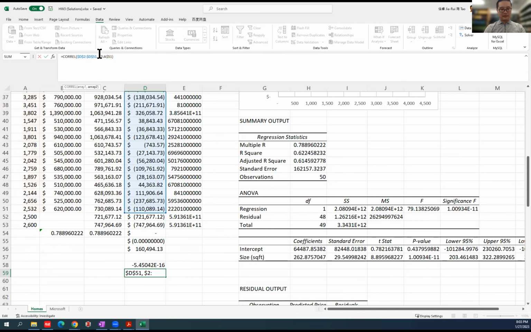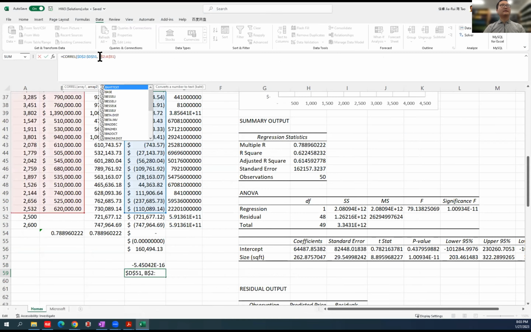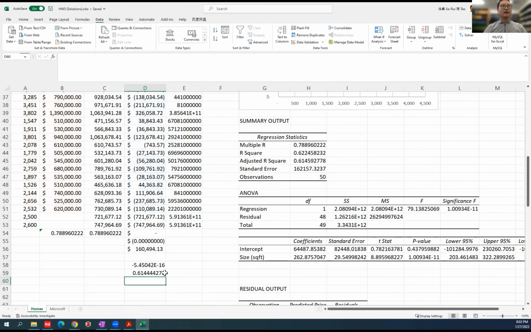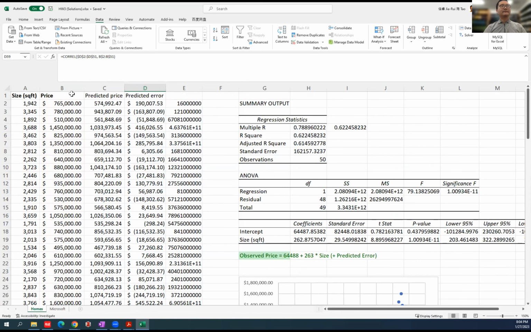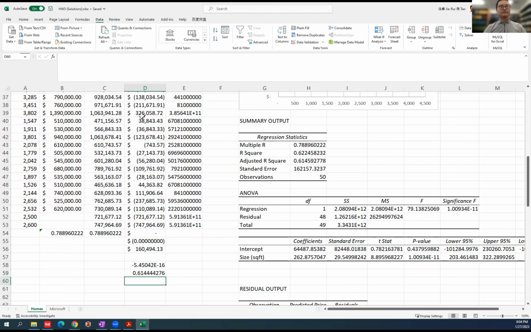let's try column B first as part 5, right? Y and residuals. Let's find out. As you can see here, the correlation between Y, observed price, and residuals is not exactly 0.